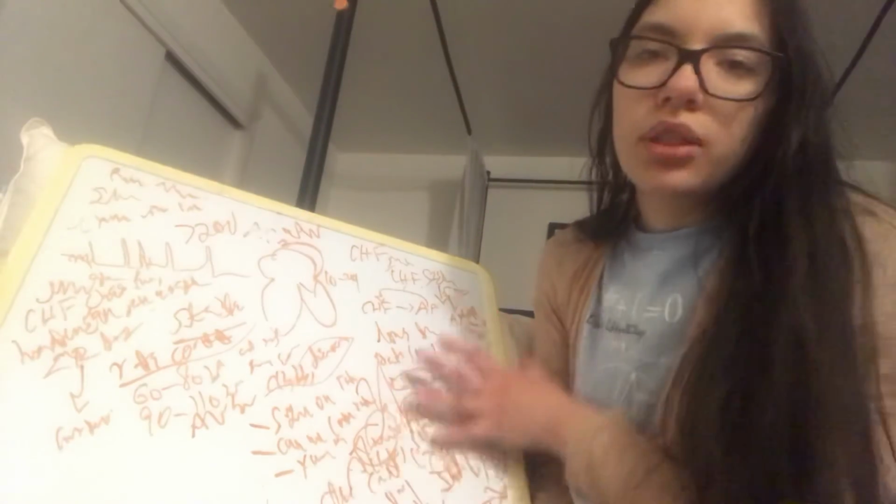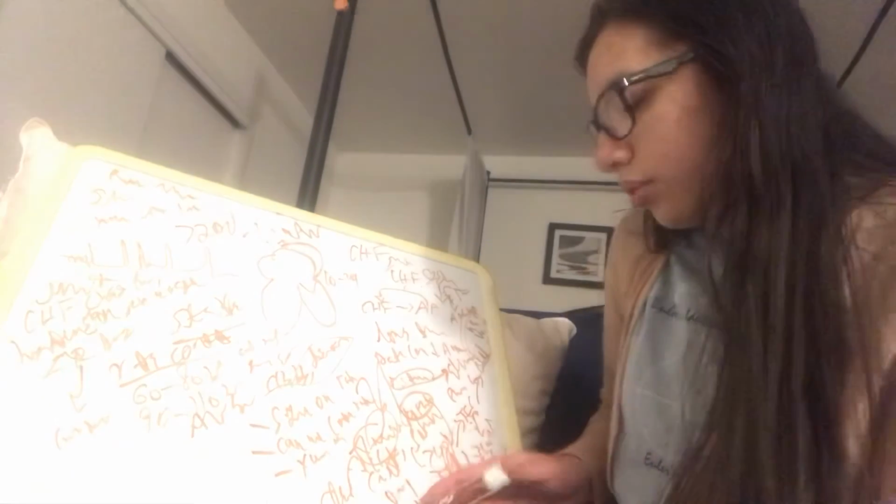We could also try ablation at the site of the foci, and certainly after that we will need to give also anticoagulation with warfarin. But this is also if the rate control is not achieved.